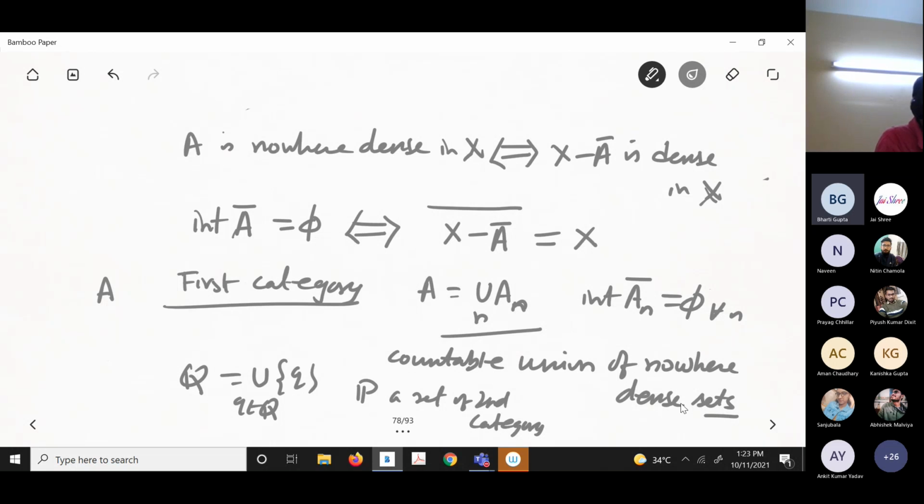First category, second category. If it is not a set of first category, then it will be a set of second category. That means whether some set is a set of second category, you will have to go to the definition of first category. That means it can't be written as a countable union of nowhere dense sets.